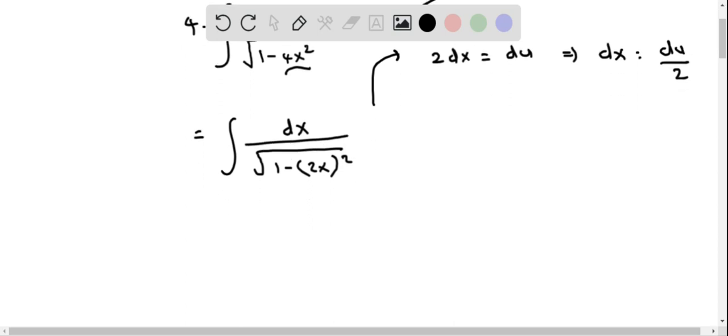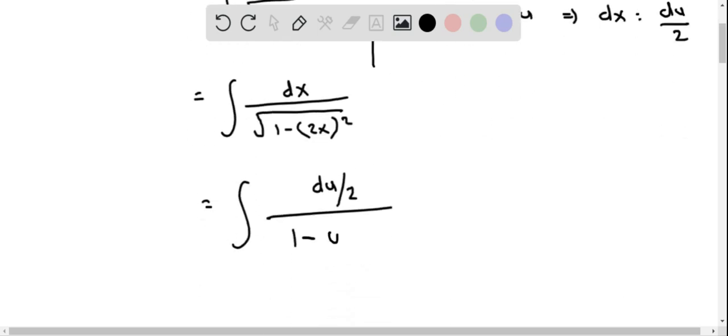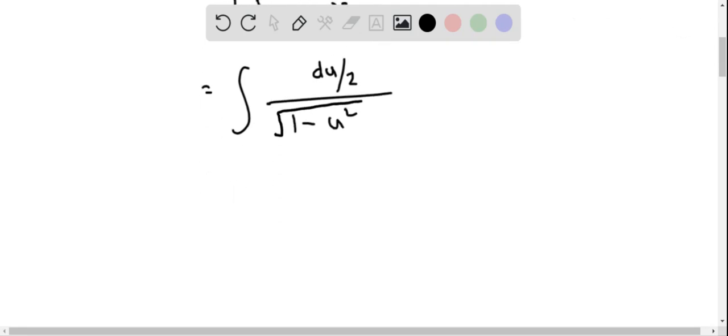So let's do the substitution over here. dx is replaced as du over 2, and this is divided by 1 minus 2x replaced as u, so it becomes the square root of 1 minus u squared. Let's put this in simple form. Here we have a 1 by 2 which can be factored out of the integral. So it becomes 1 by 2 integral of du divided by the square root of 1 minus u squared.